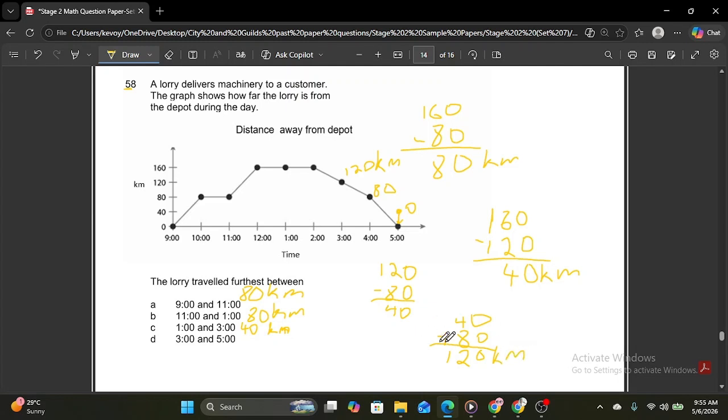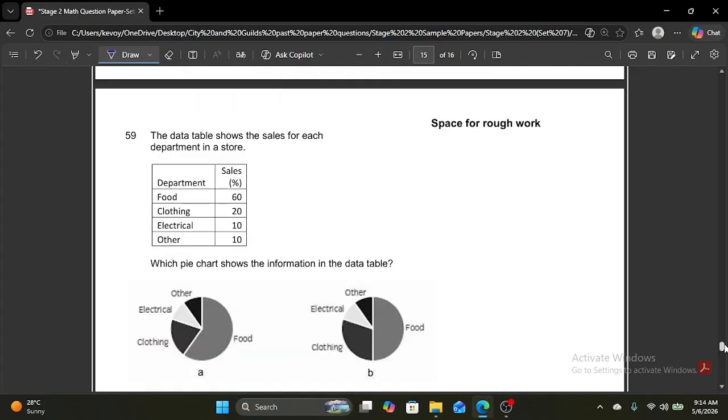He traveled 120 kilometers from the time 3 o'clock to 5 o'clock. That would be the furthest that he traveled between those times. So the lorry traveled the furthest between the times of 3 o'clock to 5 o'clock. Now, moving on from that.